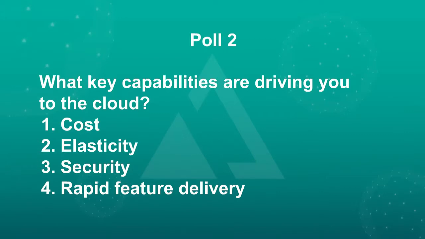What each one of these means is, we know that when many customers understand the benefits of the cloud, they want to take advantage of how economical or how cost manageable it can be to handle data on the cloud.